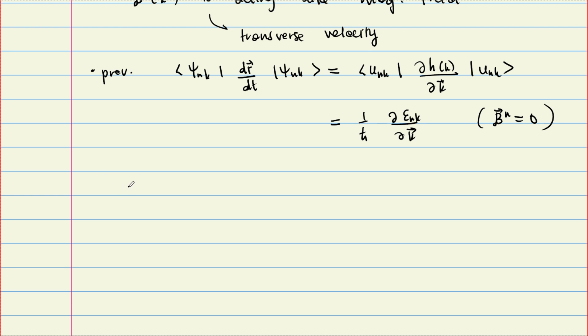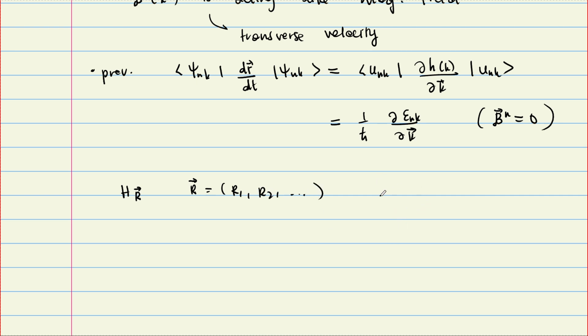So for that, I want to define generalized velocities. Now I go back to parameters. So I want to consider this H of R. R is not position again. It could be any adiabatically changing parameter in the Hamiltonian. And R, I will take as R1, R2, and so on.